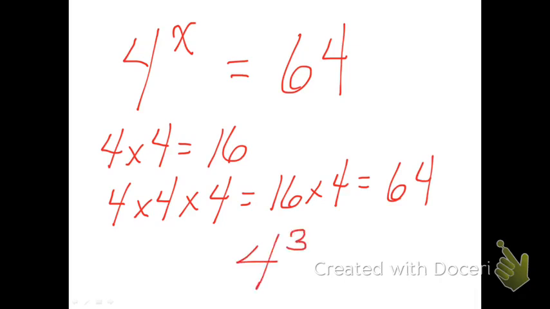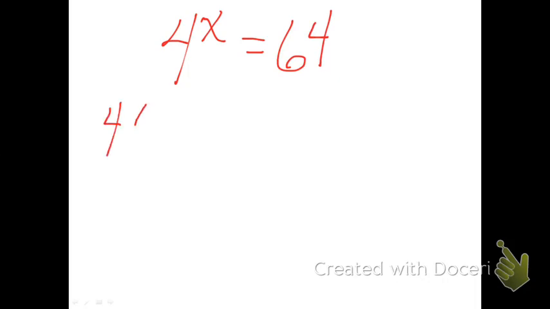But what if you're still having a little bit of difficulty with that? Well, it's not a great thing to do, but it is one way to do it, and you can always use it to check. So if I have 4 to the x power is equal to 64, then I could put in my calculator 4 caret key 1, which gives me 4.